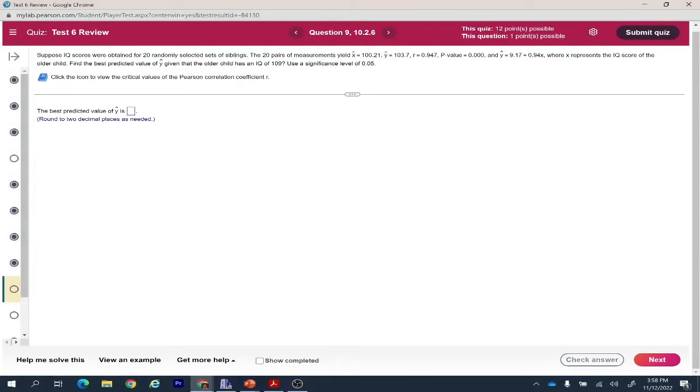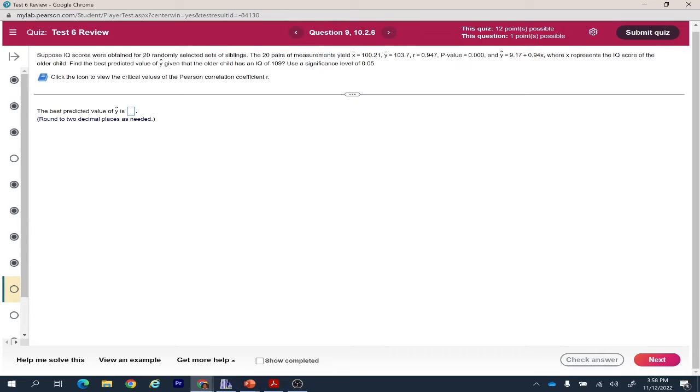Suppose IQ scores were obtained for 20 randomly selected sets of siblings. The 20 pairs of measurements yield this average for sample X and this average for sample Y. This is the correlation coefficient, and the p-value is 0.0, and this is the regression relation, a best fit linear equation where X represents the IQ score of the older child and Y represents the younger child.